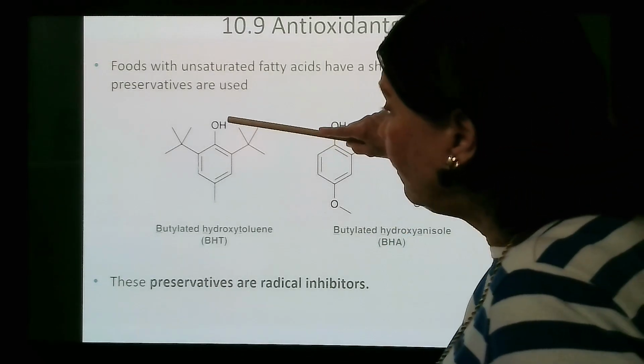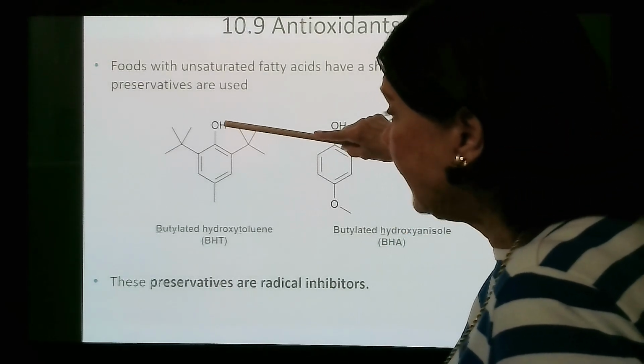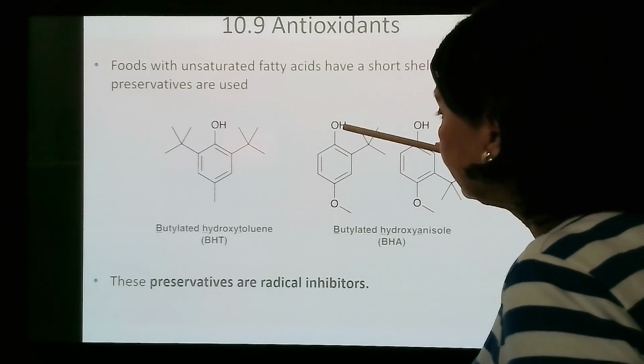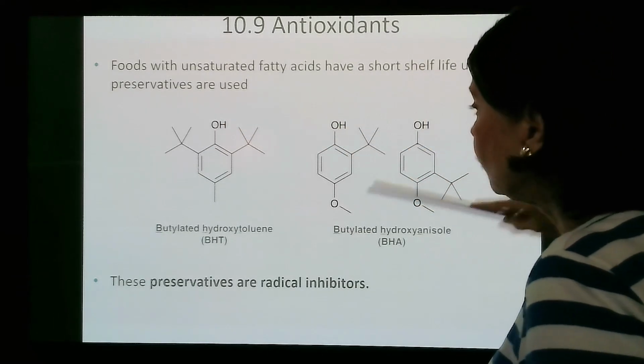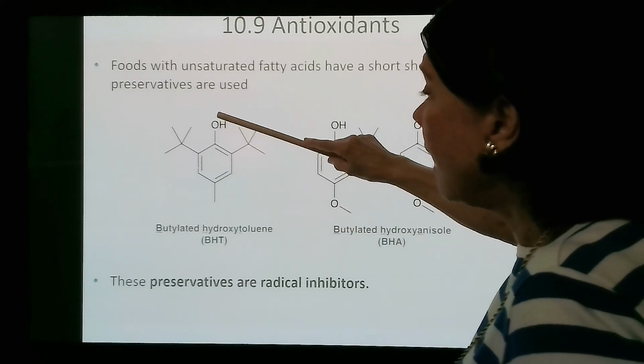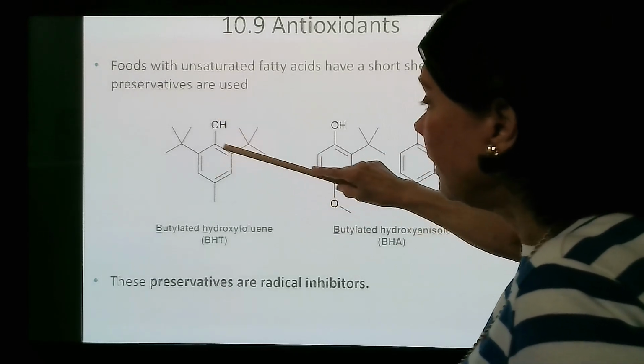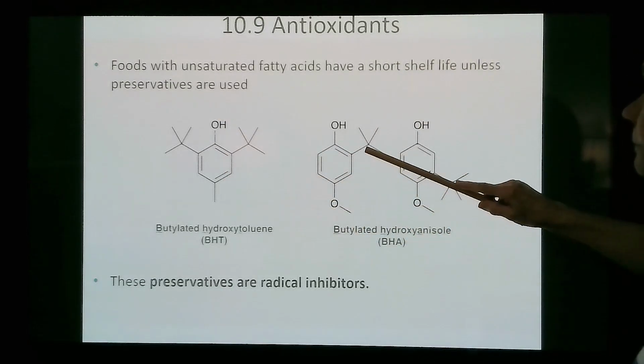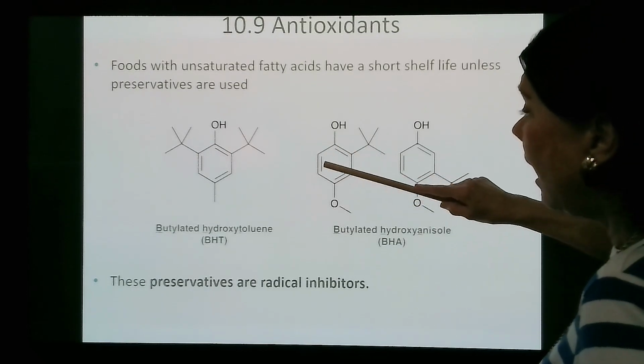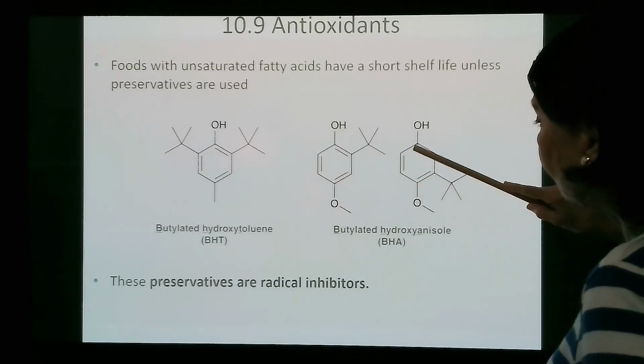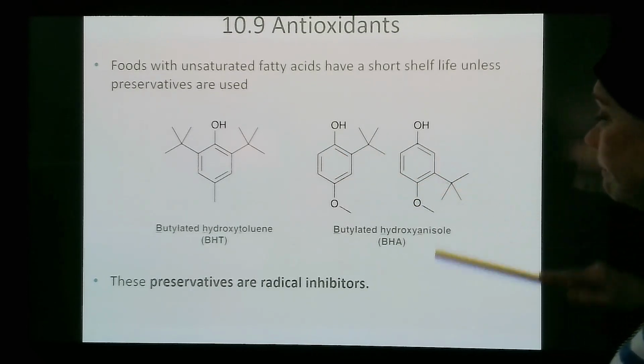Notice that what they have is an H dot that can be abstracted here. H dot can be abstracted, and when that happens, the oxygen radical is very highly stabilized by resonance. Okay.